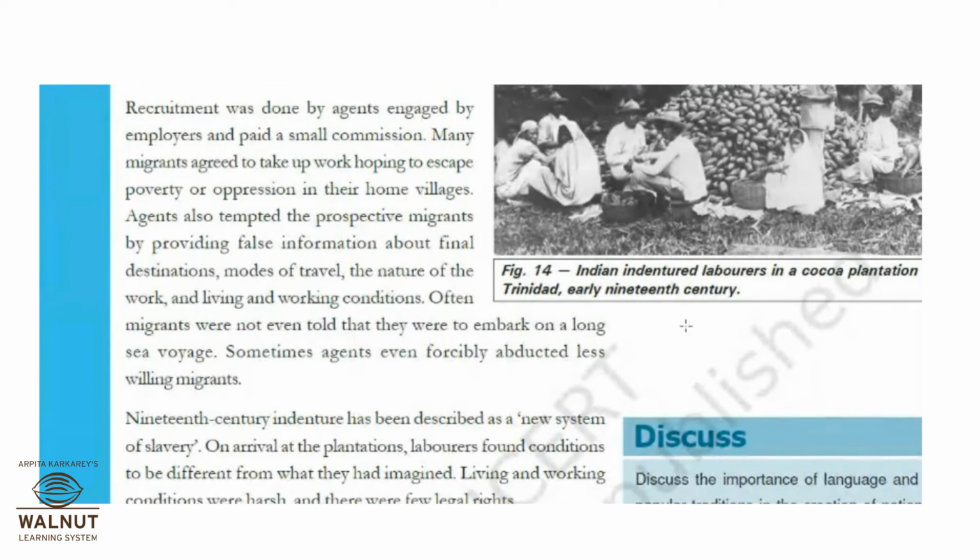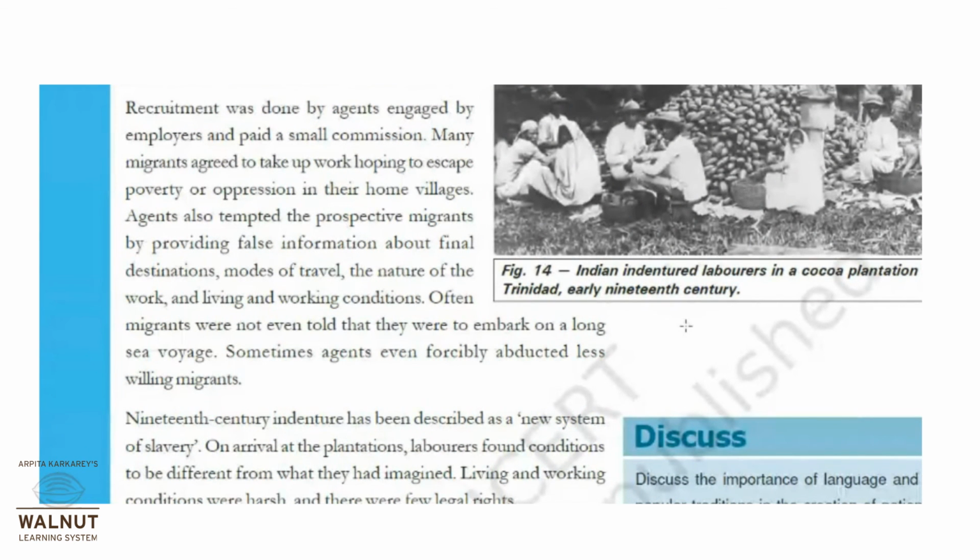So these were the hardships faced by the poor people. They were taken to different destinations and were not told about it. They were not told what mode of travel they were going to take, whether it is a sea route. Even if you take a bus or train, at times you feel sick, you feel vomiting, nausea happens. So you have to first convey that this is the mode of transport we are going to take.